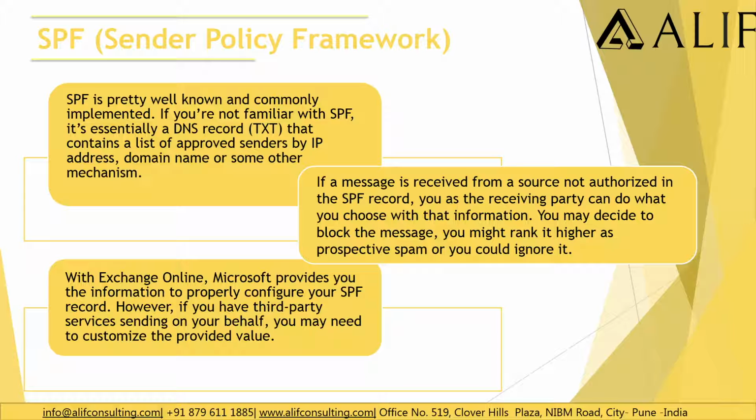In order to understand these three records, we first need to understand that whenever we purchase a domain, let's say a domain called nori12.com, in order to make my domain email secure, I need to get these three records published within my external DNS for Office 365, so that whenever someone tries to send me an email, they check that these three records have been published by me and can consider me a secure sender.